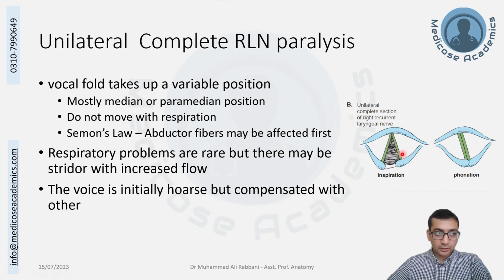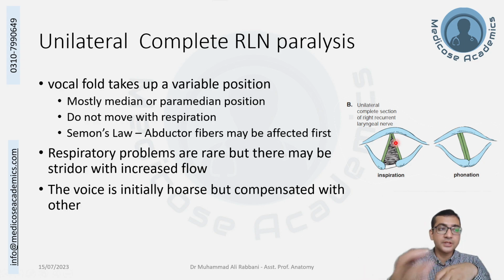It does not move at all. It does not adduct or abduct because the only muscle that functions right now is cricothyroid, that is actually the tensor of the vocal cord. So it does not move at all. So the respiratory problems are rare actually because the problem usually arises when you cannot close your glottis.